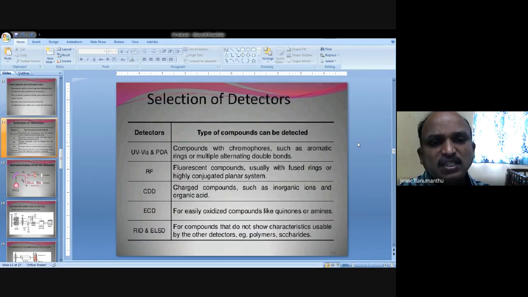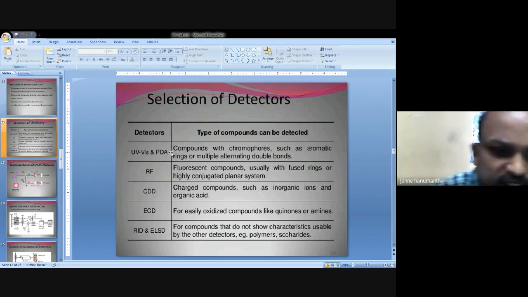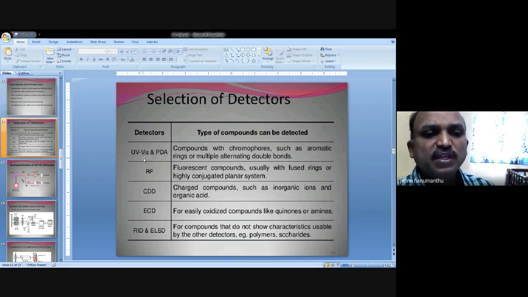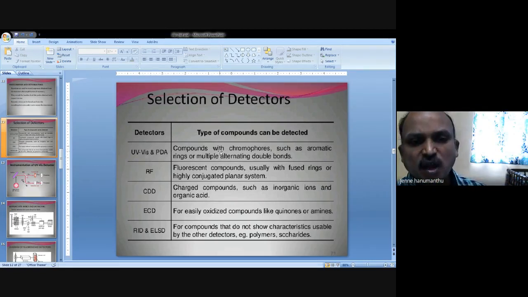Next, the selection of detectors. Based upon the detector type, the type of components can be detected. Suppose it is a UV visible detector: compounds with chromophores such as aromatic rings or multiple alternating double bonds can be detected. If it is a fluorescence detector, components usually with fused rings or highly conjugated planar systems can be detected.